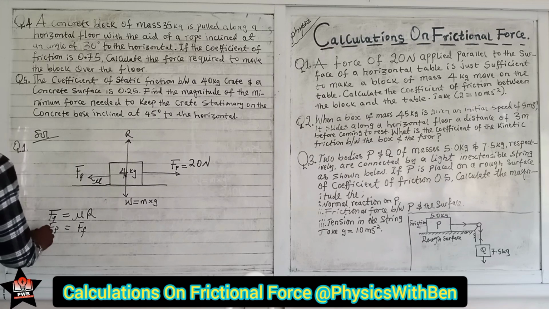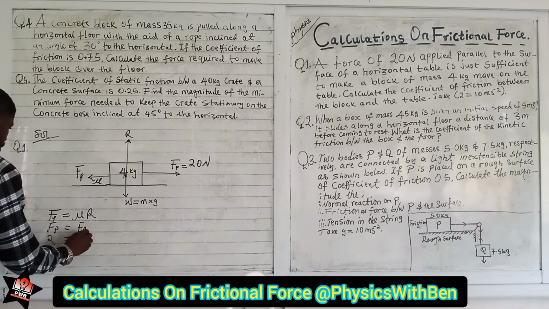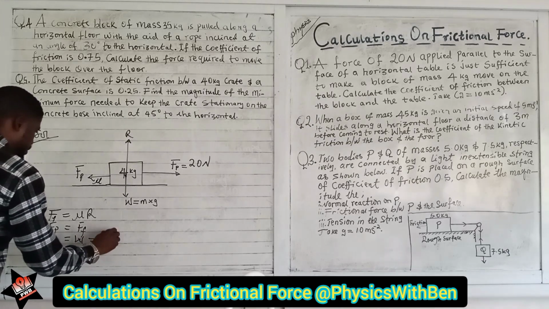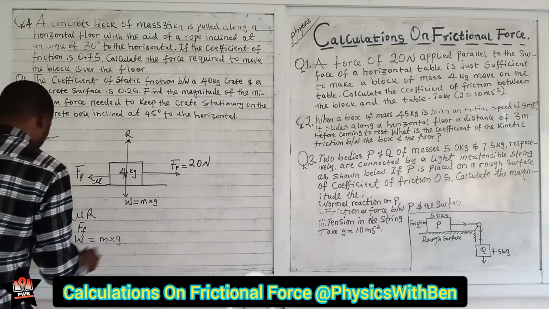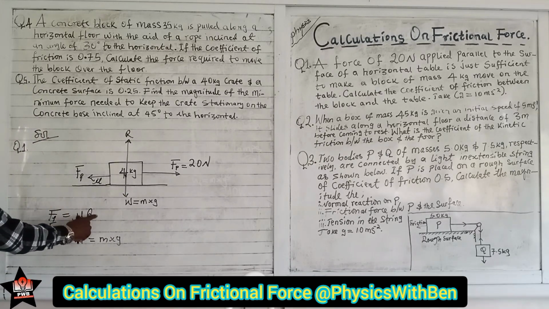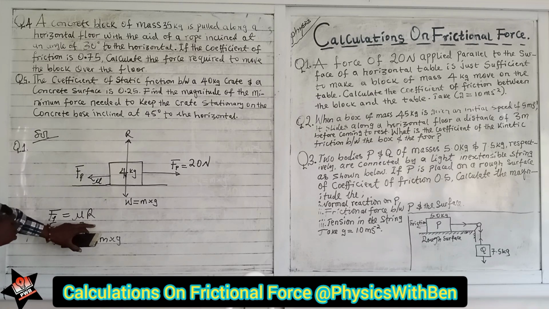We also write that the normal reaction R is equal to the weight of the block, which is equal to mass times gravity. So from this equation, the frictional force is equal to the pull force.